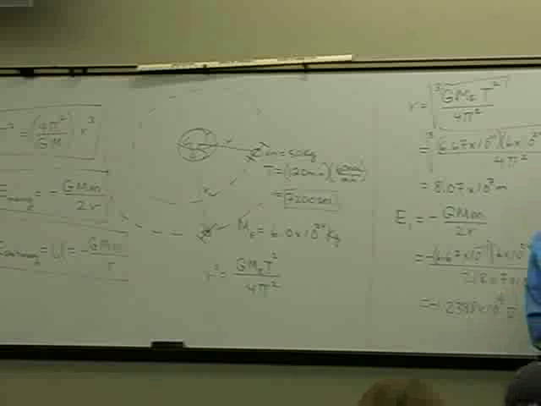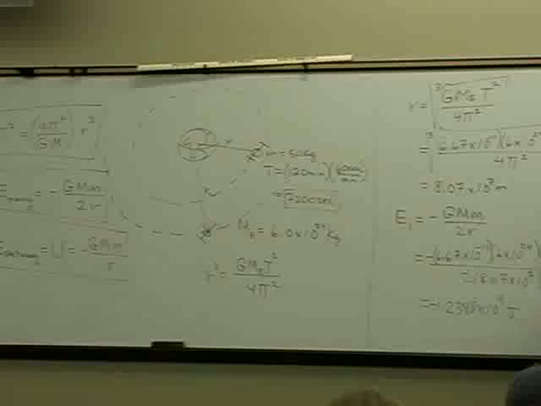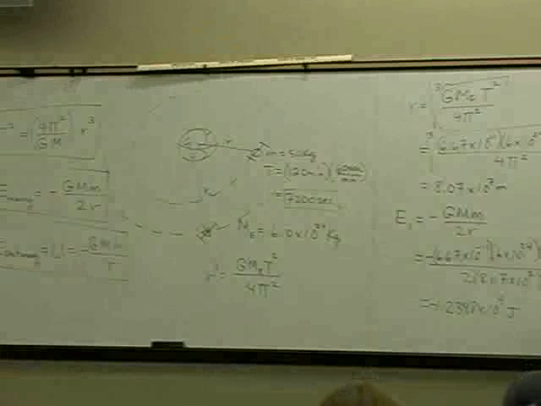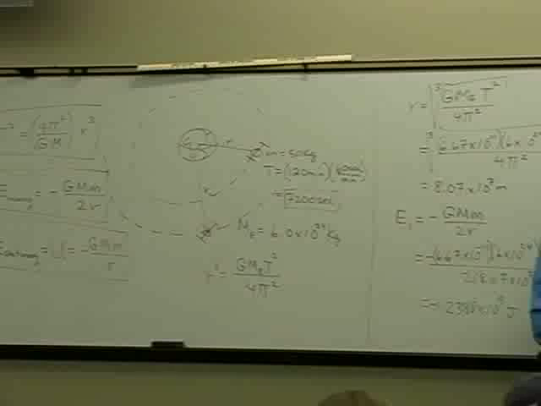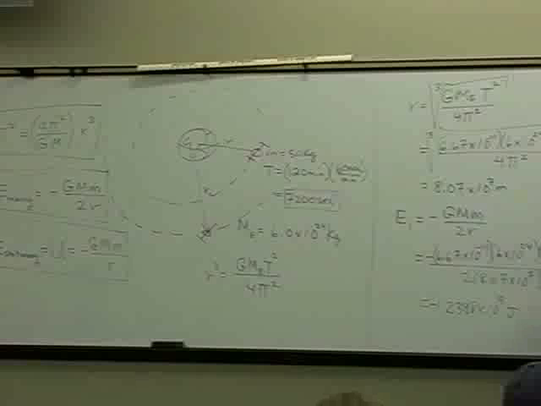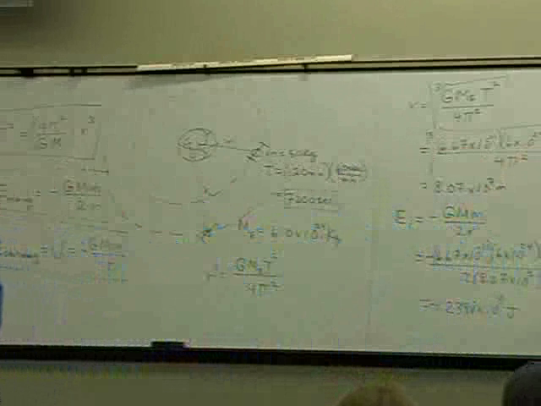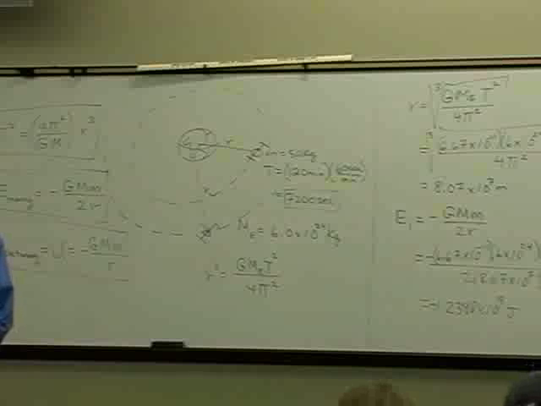So for orbit 2, T2 is equal to 180 minutes, 60 seconds per minute, which is 10,800 seconds.